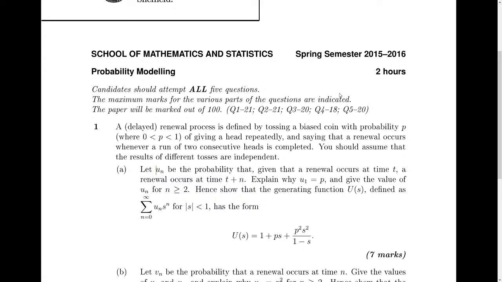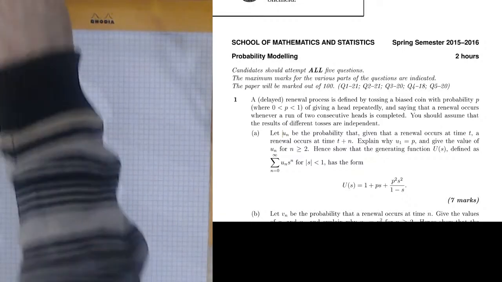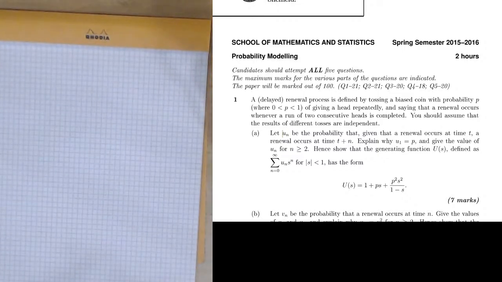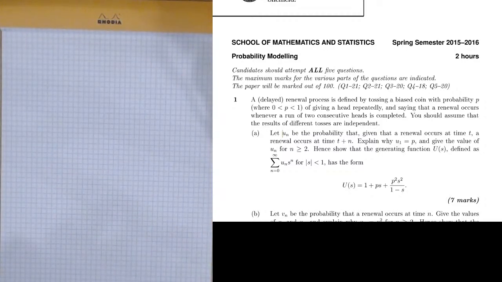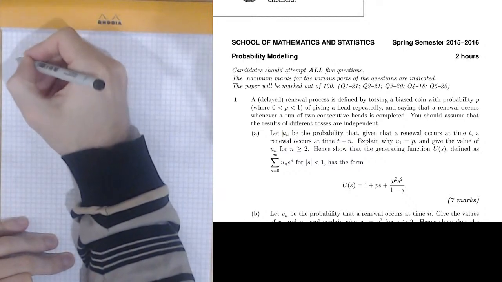Well, that's nothing very special, I guess, but let me write things down. I hope things are still readable here. Yeah, should be okay. So if there's a renewal at time t, it means that we've had two heads in a row. So there was a head at t minus 1, there was a head at time t. So u_1 equals p, I guess.